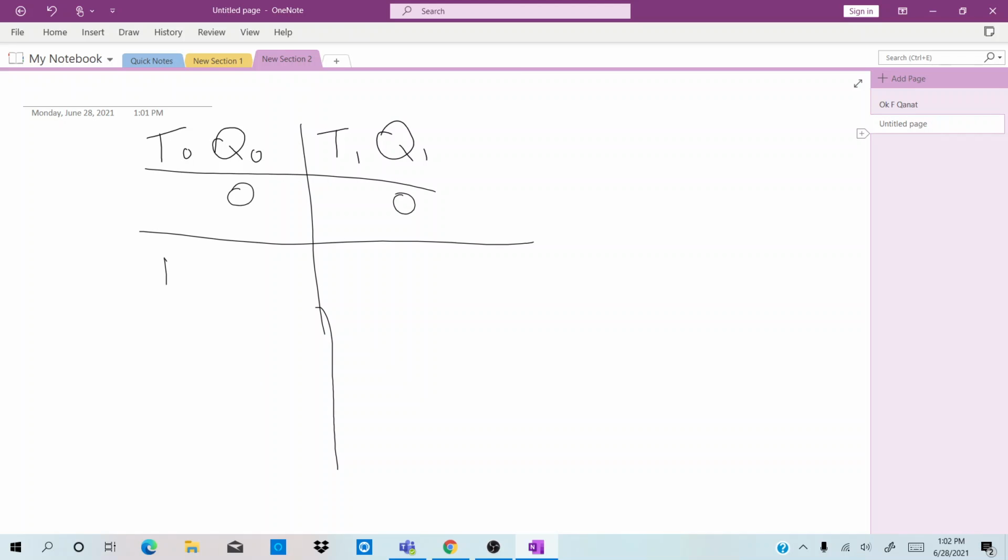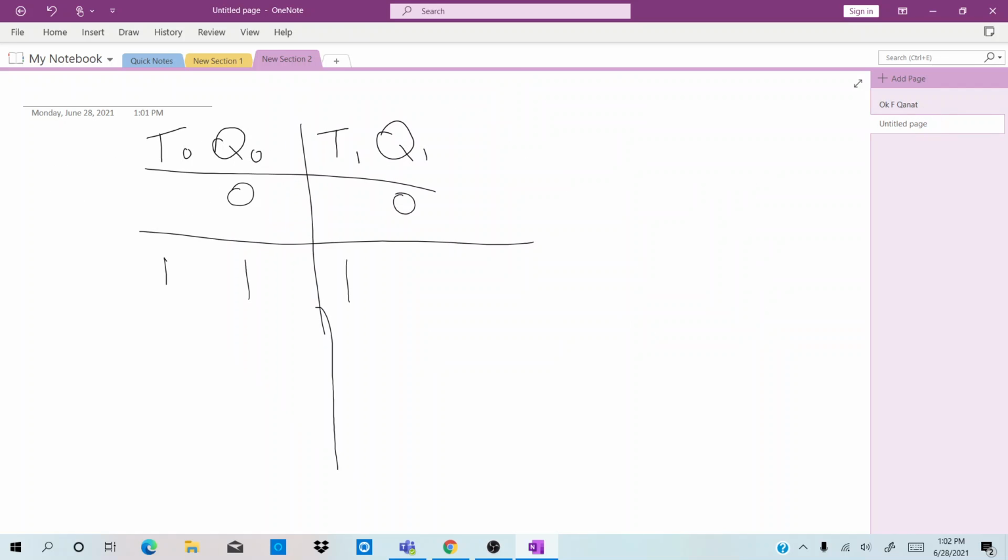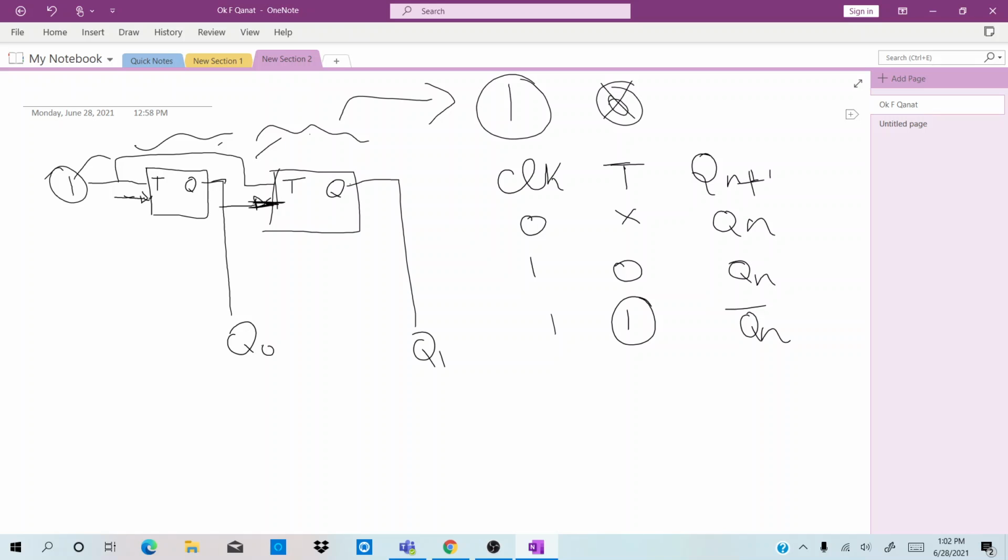So actually Q is 0, so the complement of this Q0 is 1. Again you see this same 1 is given to these and these. So here also it's 1. If it's 1, we know it's a Q complement.